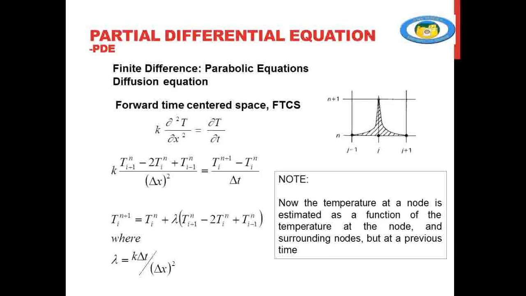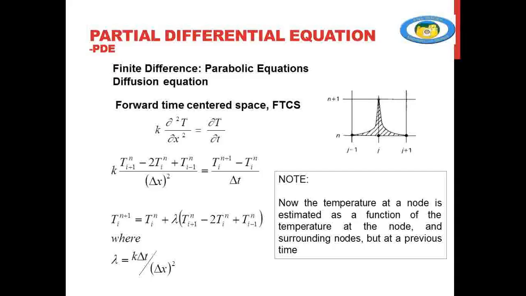I will soon explain what Courant number means, but for the time being, you can just take it as a Courant number specific to the diffusion problem, because for hyperbolic equations, it's a bit different. So representing k times delta t over delta x squared by lambda, then you have that equation for T at the i spatial node and the n plus 1 temporal level. You can express it like that.